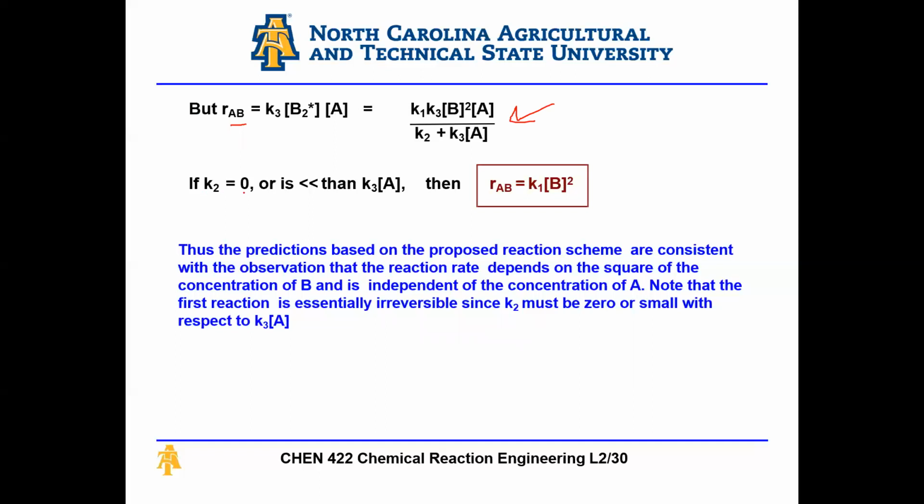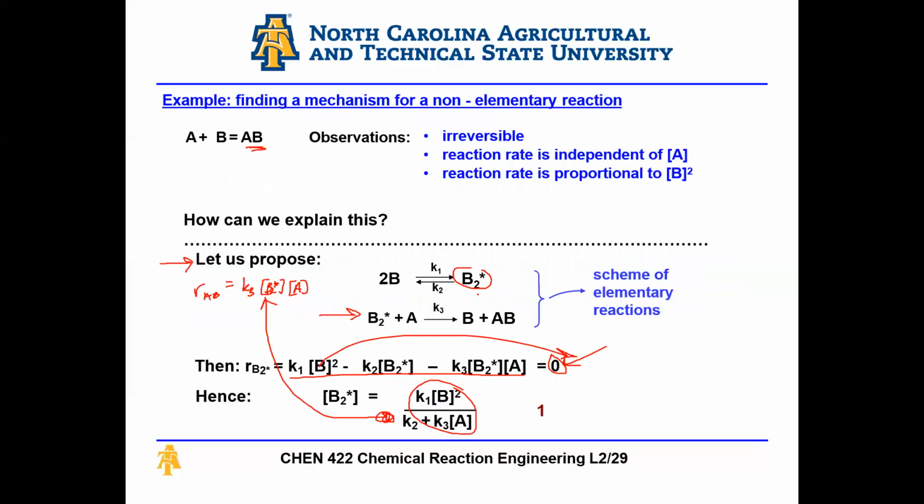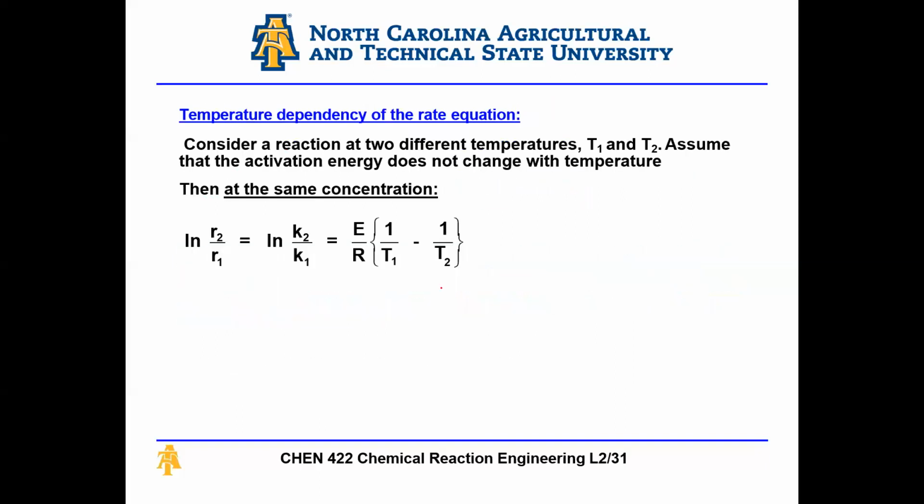Okay, so this becomes my proposed reaction rate for the formation of AB. If k2 is equal to 0, or is much less than k3 multiplied by A, then R_AB is equal to k1 B squared. k2 is basically this reaction, and this is an assumption you can make based on what you see in experiments.